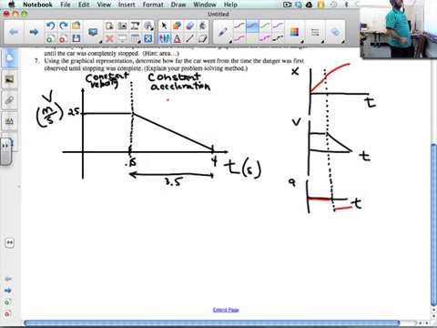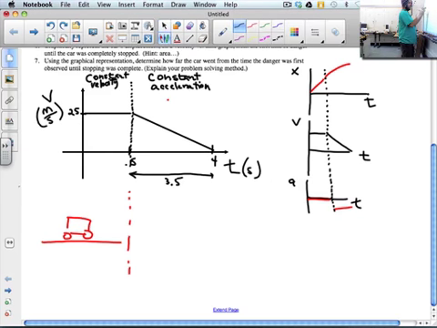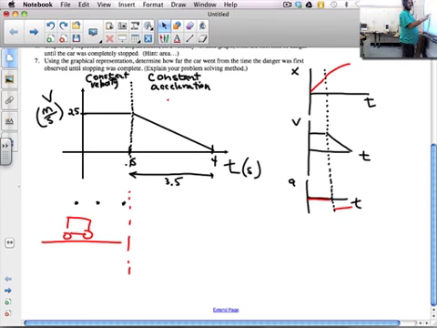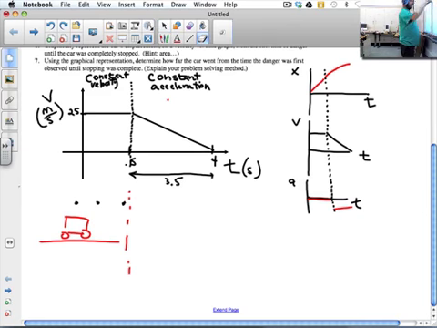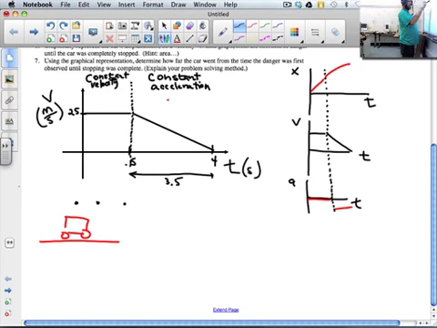Okay, so there's a car. After half of a second, the car slows down. So in this second, this second, this second, the car is moving constant velocity. But then, at half a second, so the velocity is constant here.